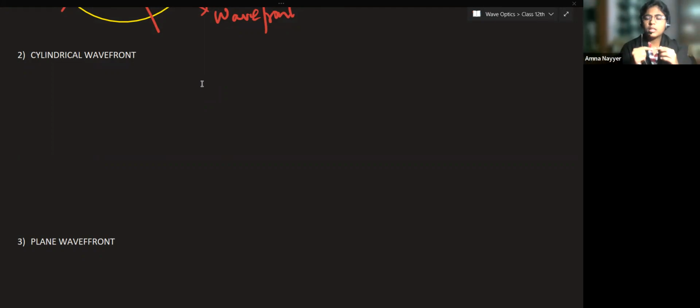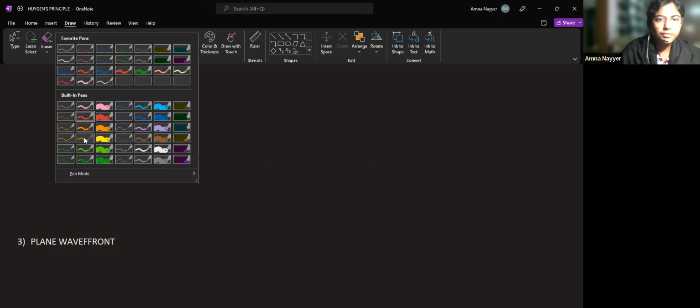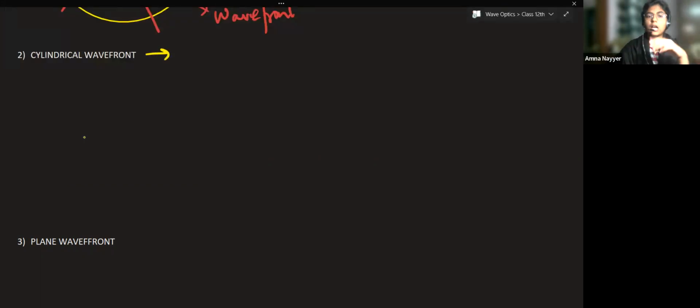Even in your electrostatics, when you joined all the point charges, that led to continuous distribution of charge. Same way here, if I join all the point sources line by line, that will lead to formation of a complete straight line. So now your point source is replaced by a line source.